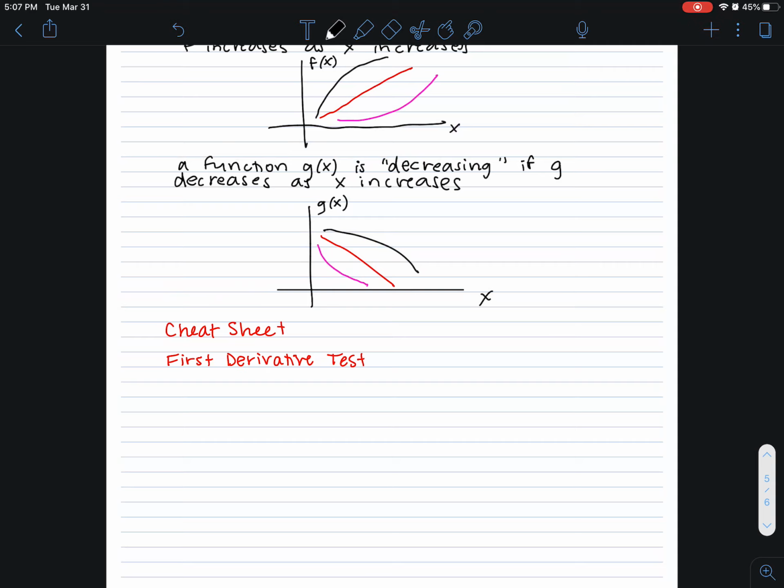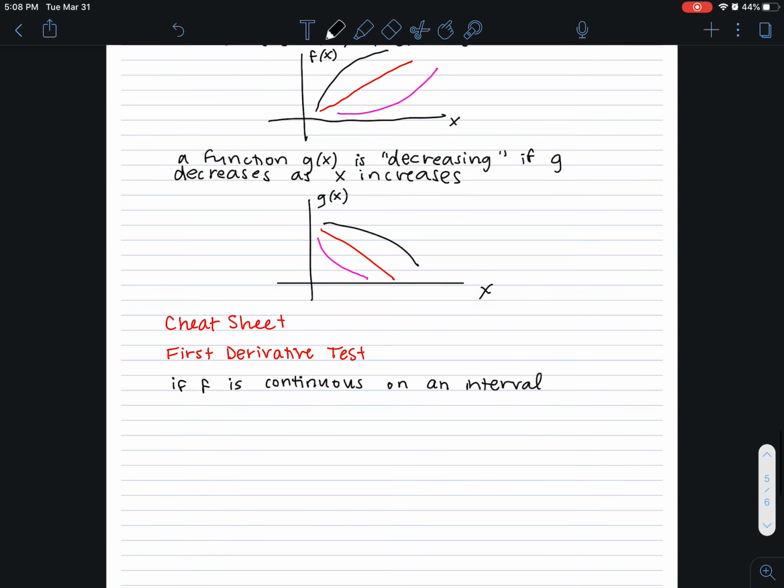And it basically says that if f is continuous on an interval, we'll say a to b, and differentiable, aka you can take the derivative, at all points in a to b, then we have the following.